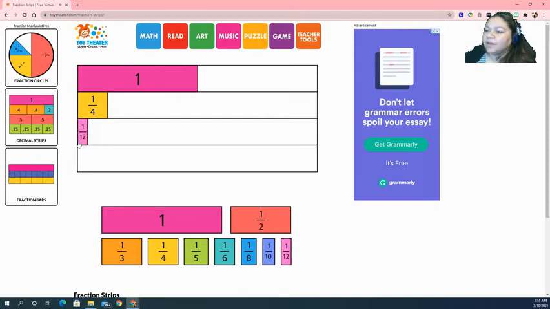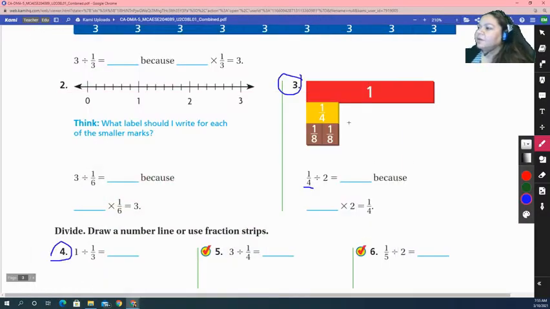I need more than that, right? I need more than 2 because I'm dividing the 4th by 2. So I need to find a fraction strip that fits evenly 2 times. So let's try the 8th. And it looks like this is it. So if you look at the model here, 1/4 divided by 2 is 1/8.